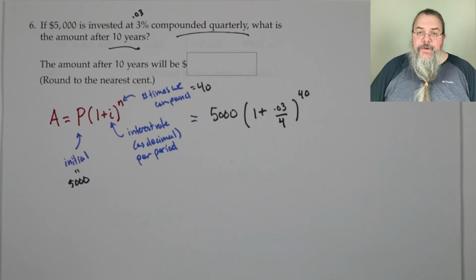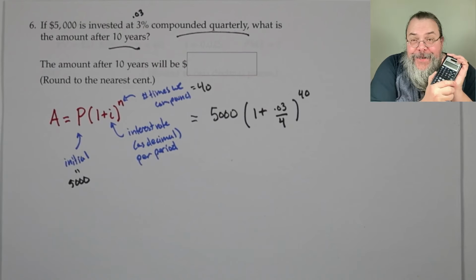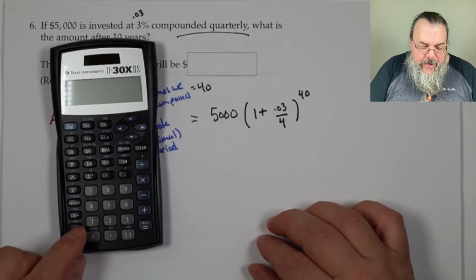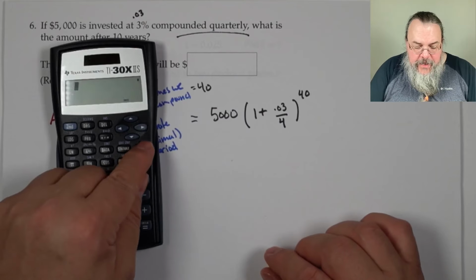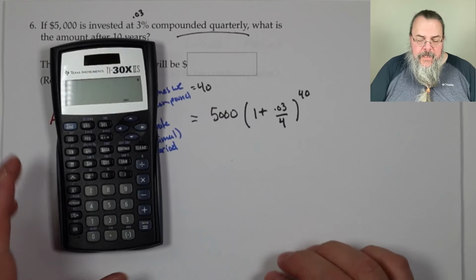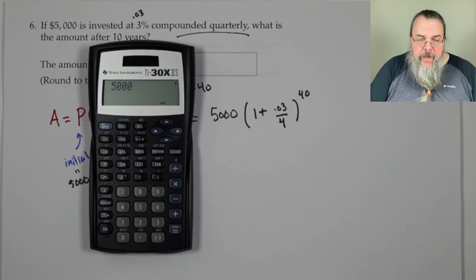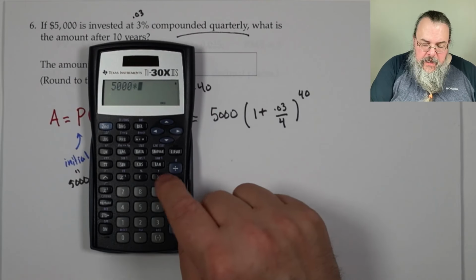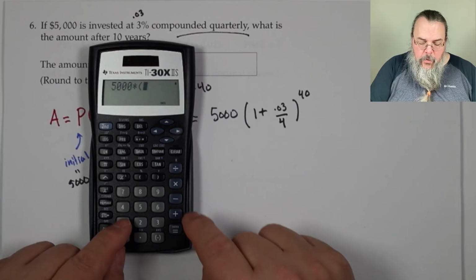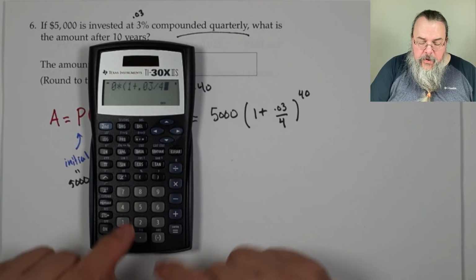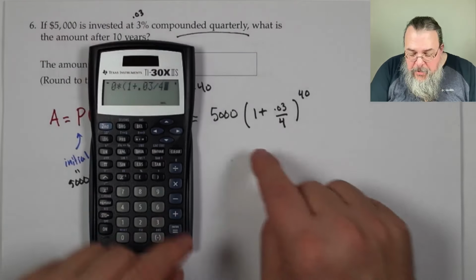Now at that point, we say, hey, we've got our trusty calculator. Come on, trusty friend, don't let us down. We clear off our computation, and we say, all right, we have 5,000, and then we're going to times it by, parenthesis, 1 plus 0.03 divided by 4, right? Double check.